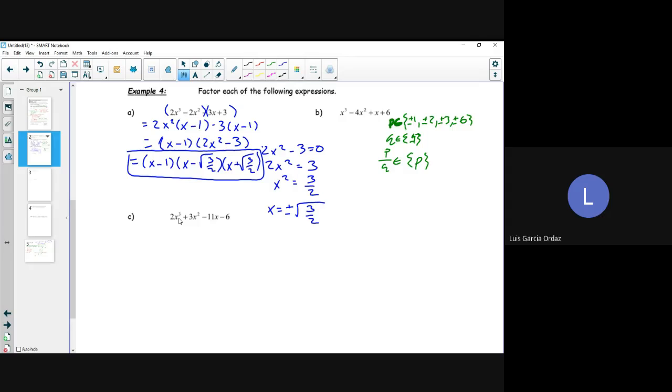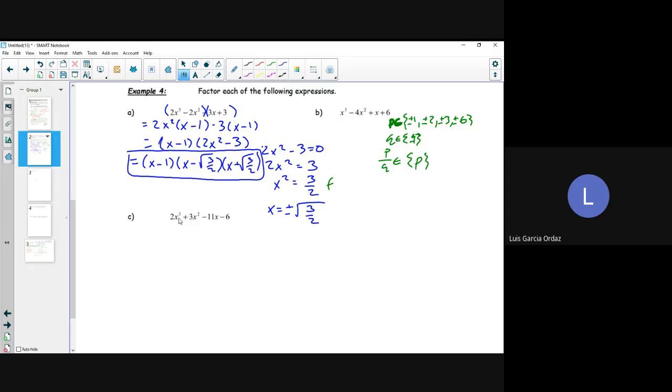So now what we have to do is pick one of the factors, 1, 2, 3, or 6, sub it into the polynomial expression, and hopefully it gives us back 0. Which one do you guys want to try first? 3. You want to try 3? So we're going to sub 3 for x.